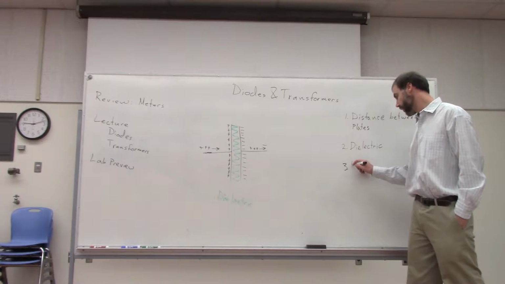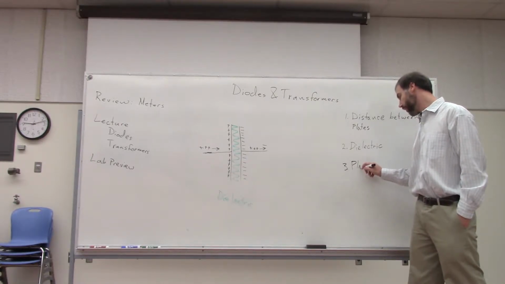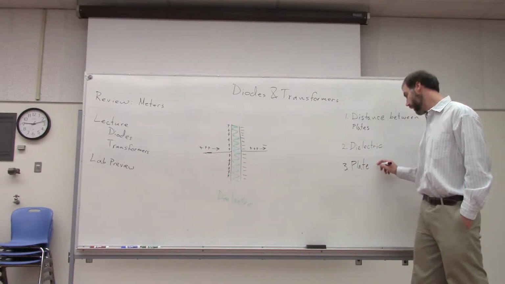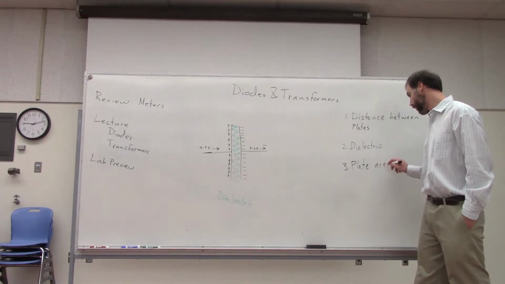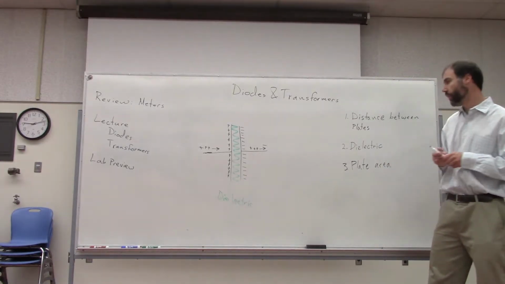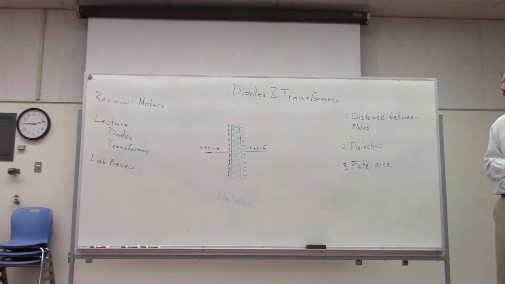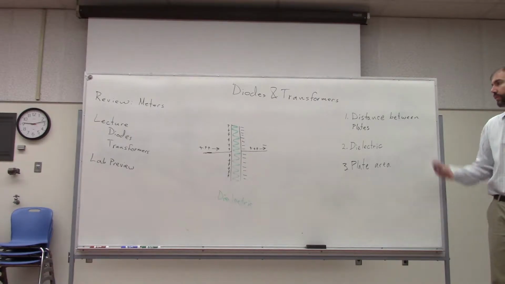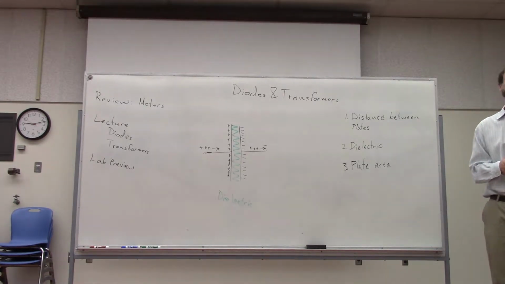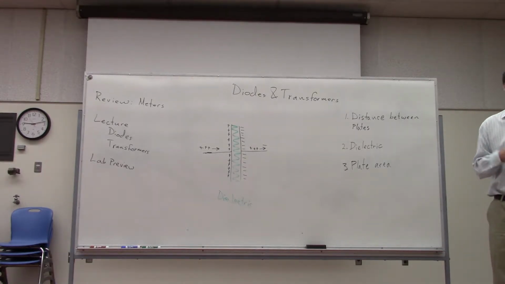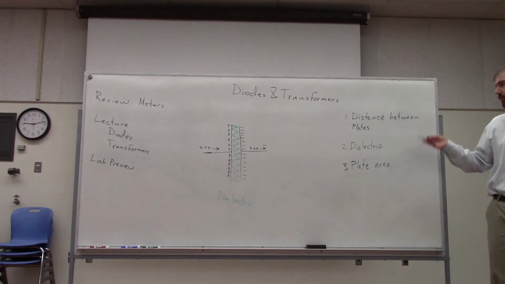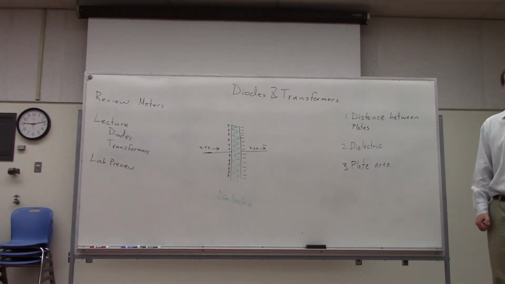The larger the plates are, the more charges you can store on them. So the more capacitance you have. Okay? So this is the basic idea behind capacitors. We're going to talk more about them in a later lecture, and we're actually going to get to build our own capacitors. But this is sort of the fundamentals of capacitors.